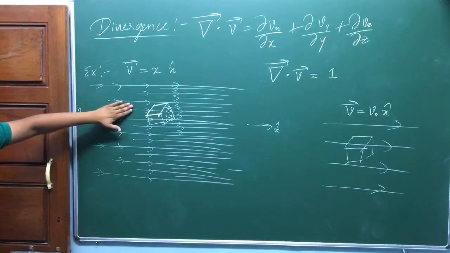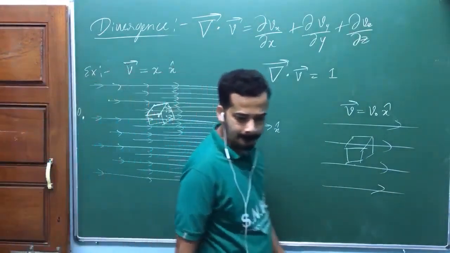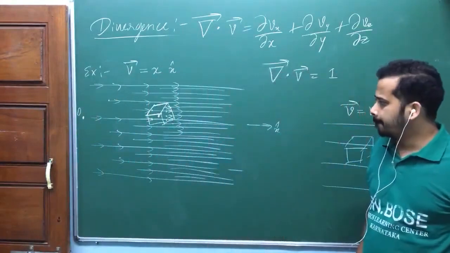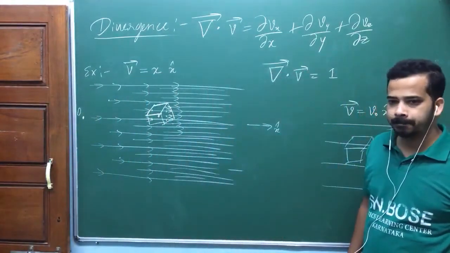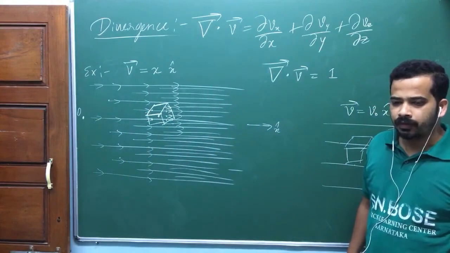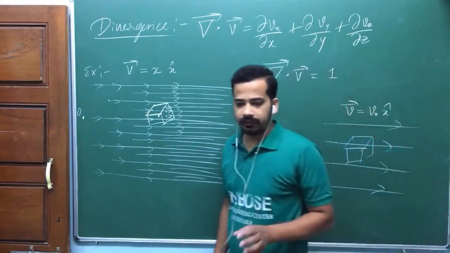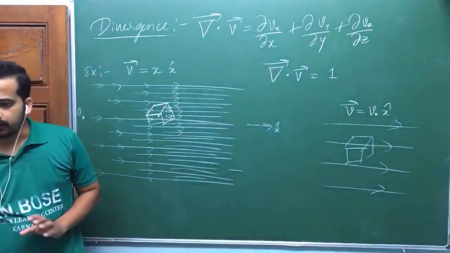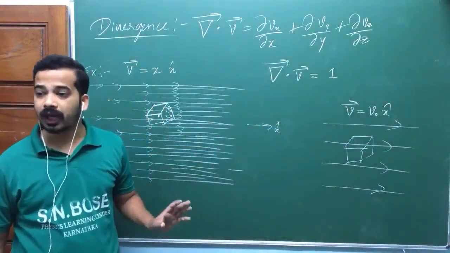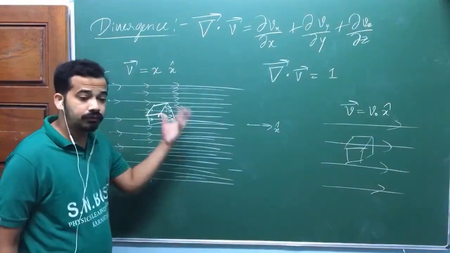Yes, sir. Speak out again. Sir, I'm saying in the second case, this infinitesimal volume is treated like a source. The volume element is just to measure divergence, okay? The volume element is not a source. I am saying there are sources of vector field.